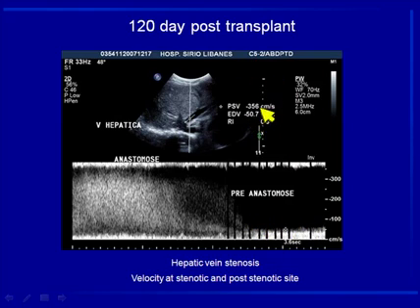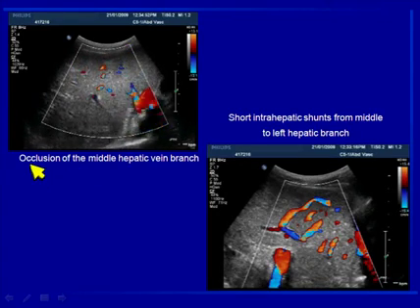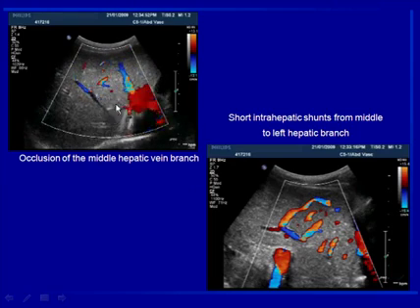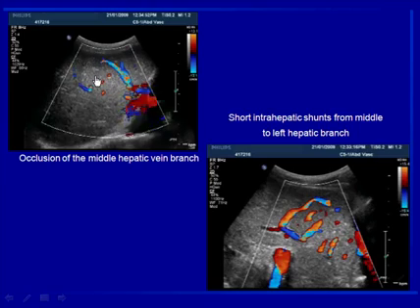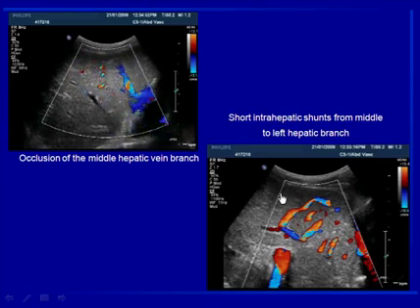These are the velocities at the post-stenotic site, pre-stenotic site, and post-stenotic site. Here, in this video, you can see the occlusion of the middle branch of the hepatic vein. Here, the left one is okay, and we can identify short intrahepatic shunts from the middle to the left hepatic branch.